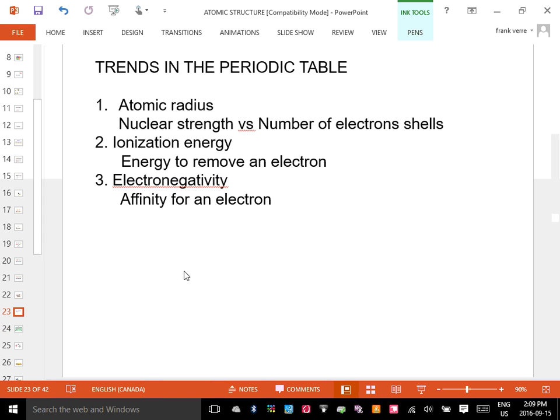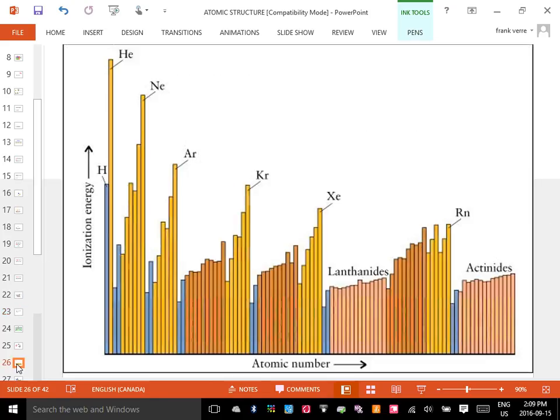The last one is the electronegativity. Electronegativity, which is the affinity for taking an electron. Okay? By the way, here's the image for ionization energy.